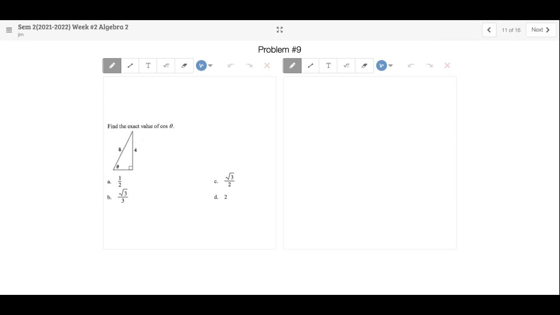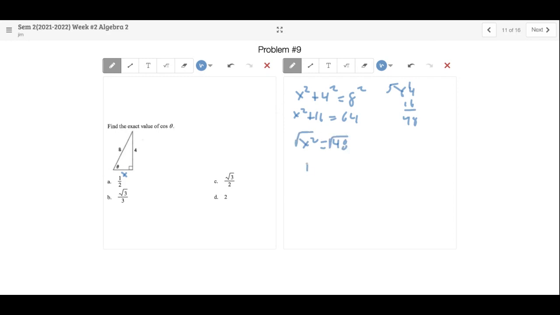A lot of students would struggle with this one because the hypotenuse is given. I'm going to call this x here. So x squared plus 4 squared is equal to 8 squared. The hypotenuse is always your c squared. So x squared plus 16 is equal to 64. So x squared is equal to 64 minus 16. What is that going to be? 48.